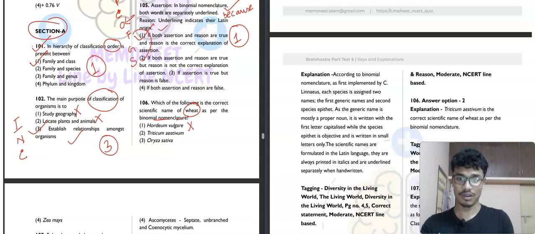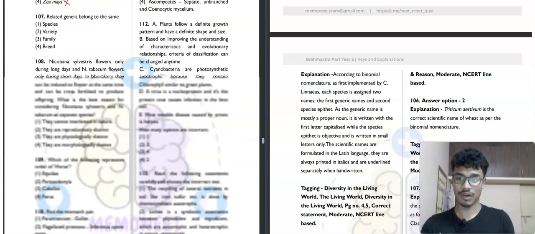I don't think so. Triticum aestivum. You will also read this in your genetics chapter. Very important examples. Very important scientific name. That is our correct answer, the second option. Triticum aestivum is the correct scientific name of wheat as per binomial nomenclature. Oryza sativa is also not correct. Zea mays is for maize, so it is also not correct.